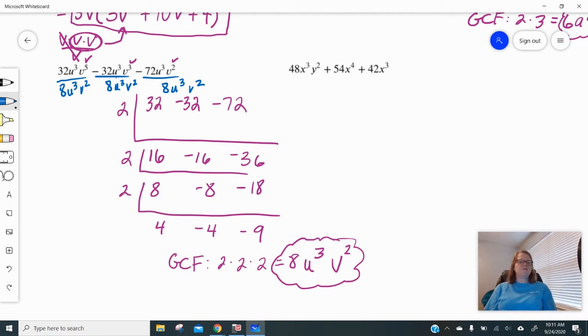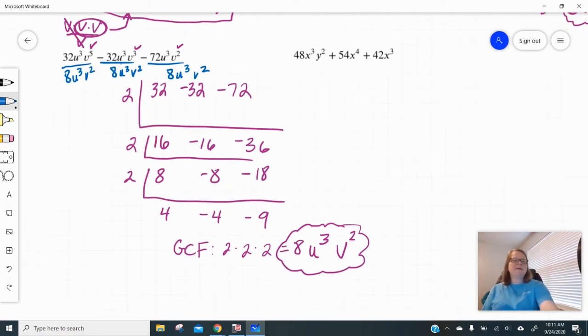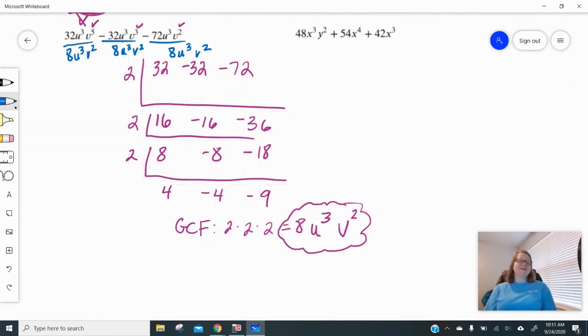Let me find a place down here to put this answer where it's a little less confining. All right, 8U to the third V squared. I know that the GCF goes out in front every time, so I'm going to put that in the front before the parentheses.